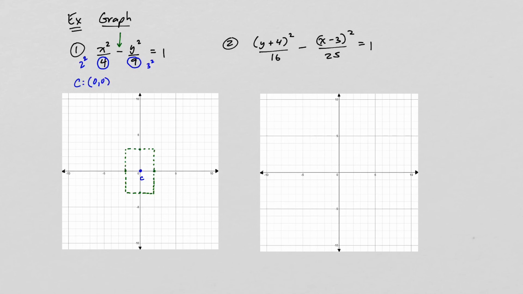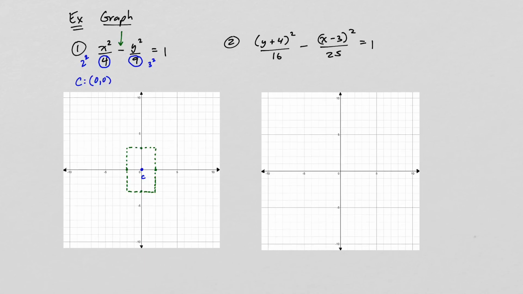So there's our dotted rectangle. Now, we don't really care about the rectangle. What we care about are the diagonals of that rectangle. So a diagonal for a rectangle is a line that goes from one corner through the center to the opposite corner. But we're actually going to draw infinite diagonals, and so we're going to extend that diagonal in both directions.